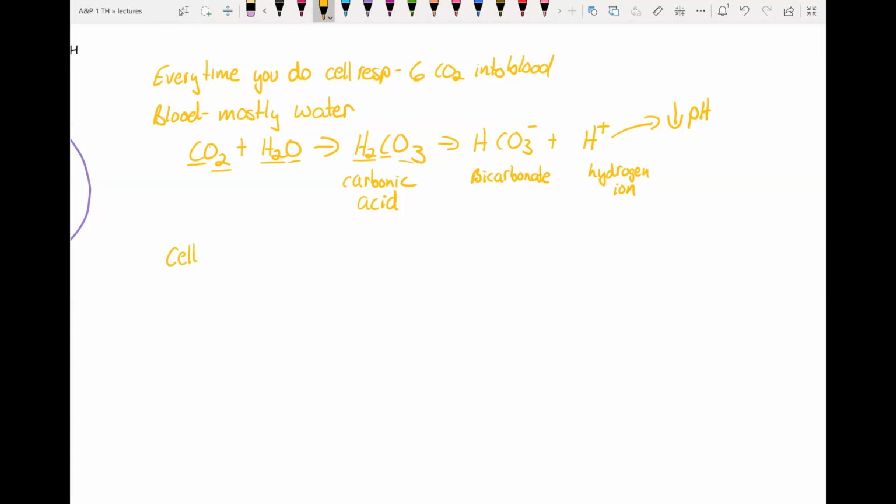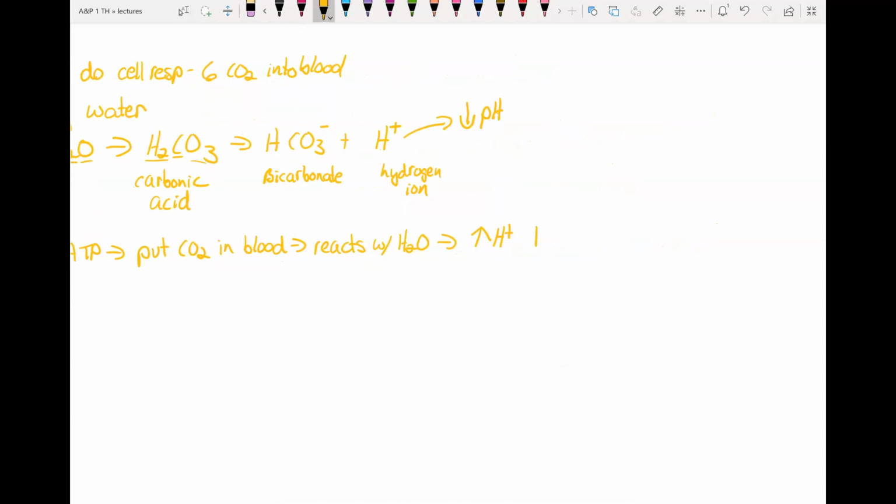So your cells make ATP. When they make ATP, they put carbon dioxide in your blood. This reacts with the water in the blood, and you end up increasing the number of hydrogens in the blood. And when you increase the number of hydrogens, you reduce the pH.